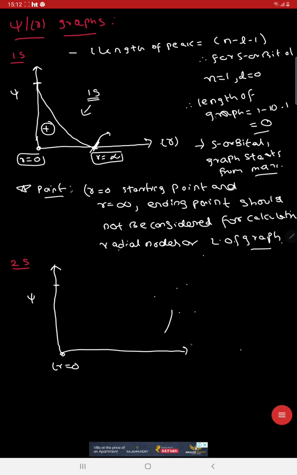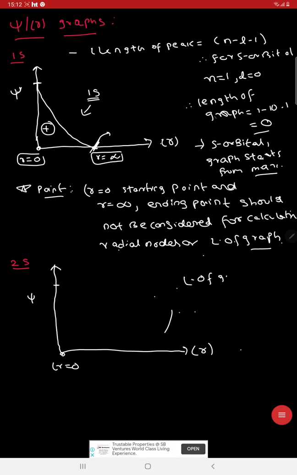This is psi versus r. I am taking it from maximum to minimum. The length of the graph is n minus l minus 1, that is 2 minus 0 minus 1, that is 1.